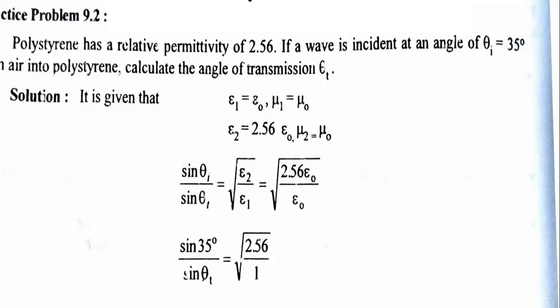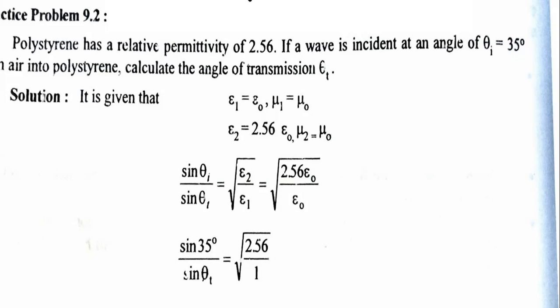For the other medium, epsilon 2 is equal to 2.56 epsilon 0, because polystyrene has a relative permittivity of 2.56. Similarly, mu 2 is equal to mu 0, as it is.